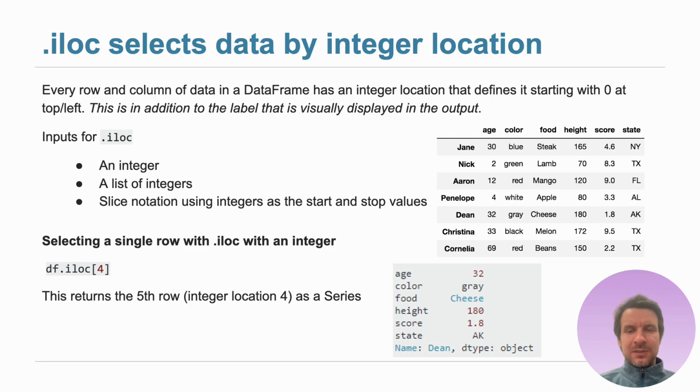iloc is using integers to describe the location. It starts with 0 and goes 0, 1, 2, 3, 4, up to the number of rows minus 1. You can put there an integer that will give you one row. You can put there a list of integers that will give you a smaller data frame. And you can also use the slice notations.